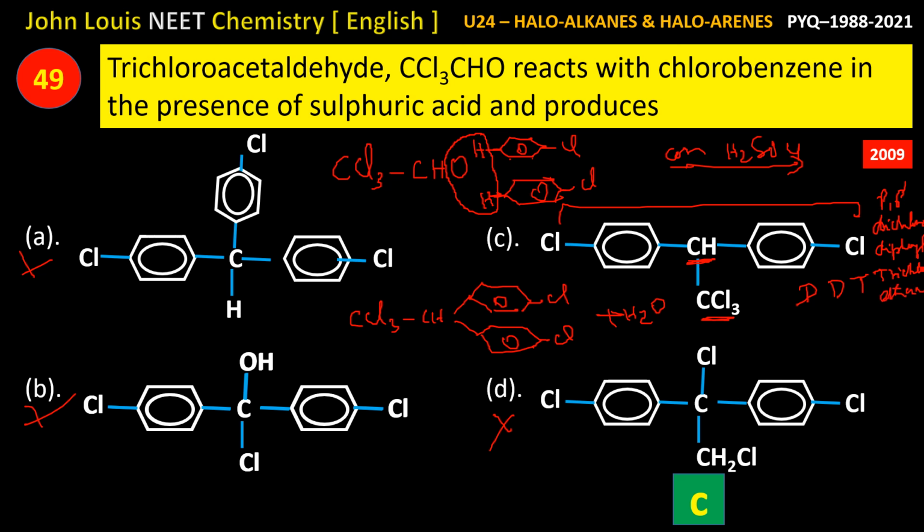So para-dichloro-diphenyl-trichloroethane, in short known as DDT. This is used as an insecticide in agriculture.